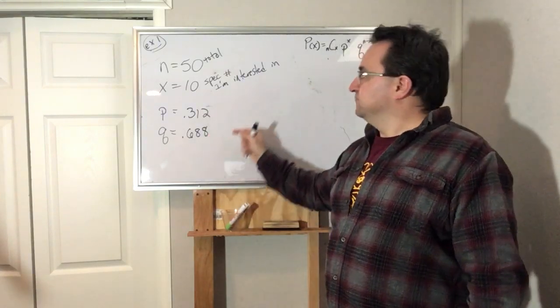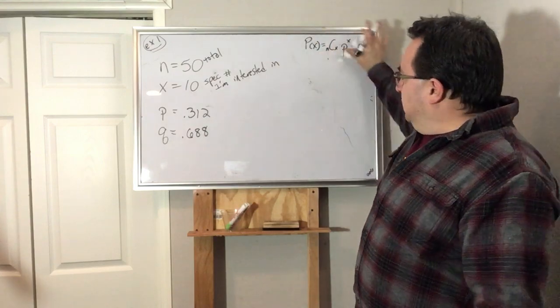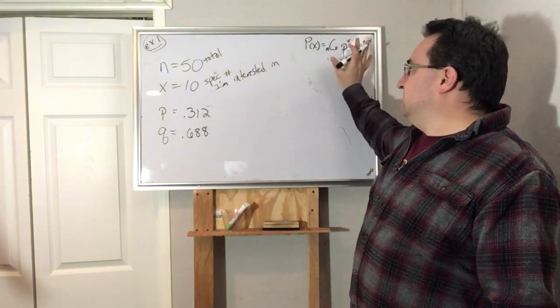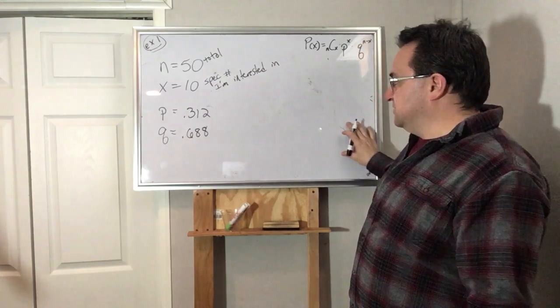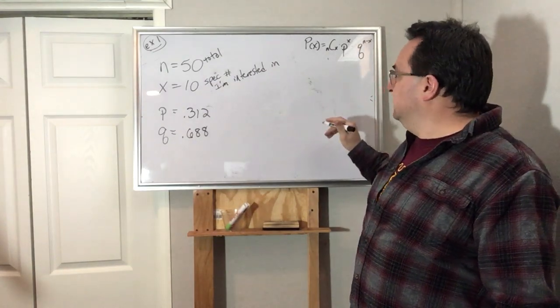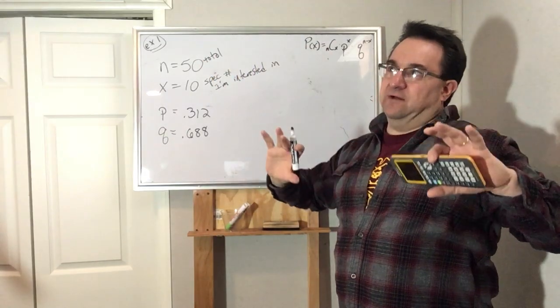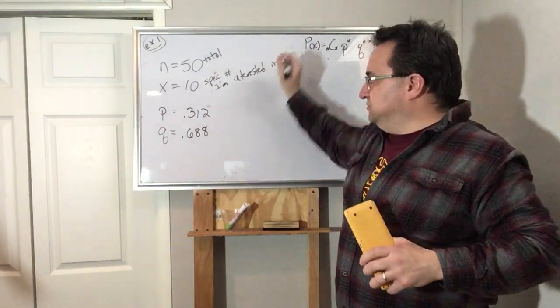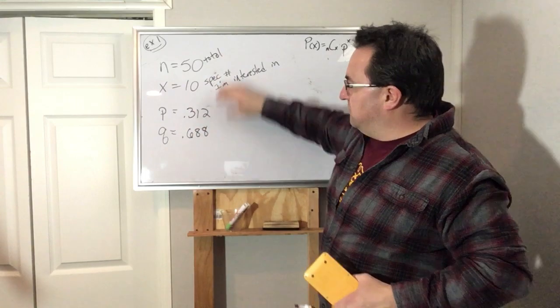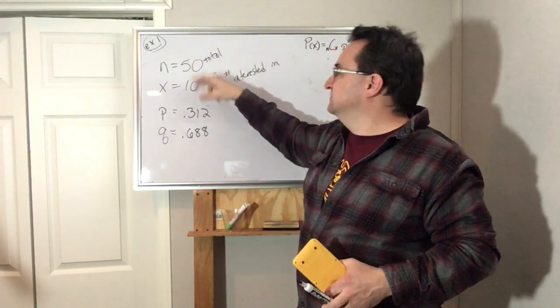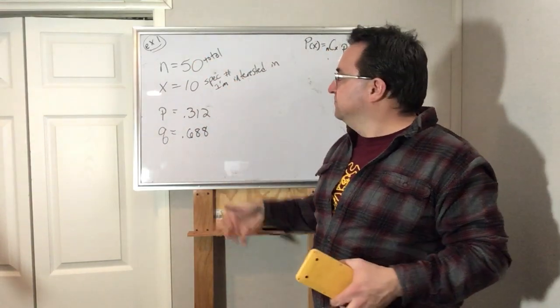Success, failure. See, the equation looks intimidating. All the descriptors I put are a little confusing, but it actually makes a lot of sense. These problems are not too bad. Once you see what the variables are, you just have to pick them out. N is the total trials, in this case the total people.